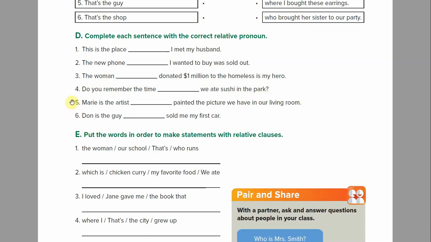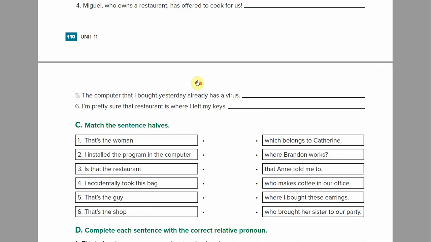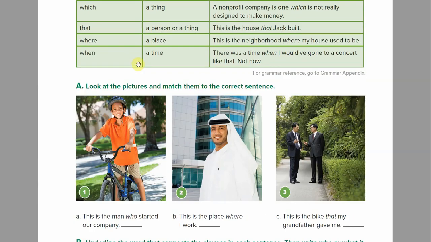Number five: Marie is the artist blank painted the picture we have in our living room. Marie is the artist who painted. We're talking about a person. Or, remember, that can be a person or a thing.